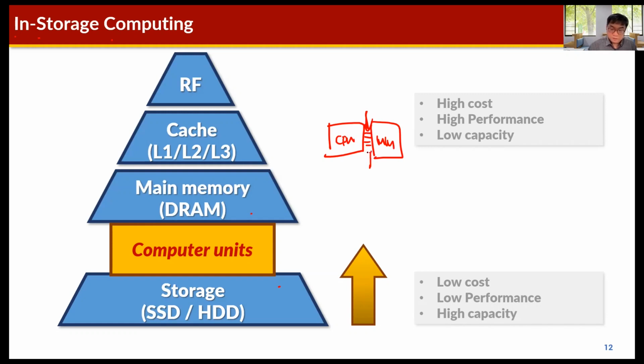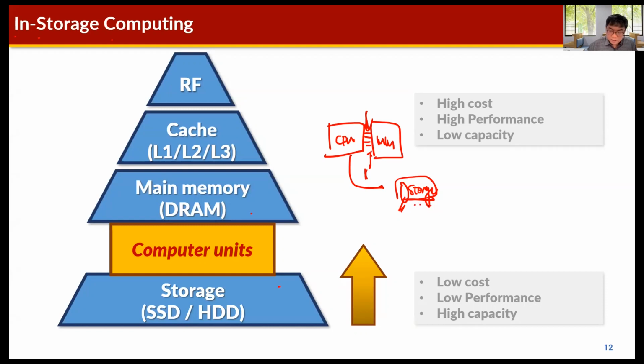But the storage system is connected to the CPU via an external interconnection bus such as SATA or PCIe. Recently, the bandwidth of PCIe is also very high, but it's extremely low compared to this memory bus. So what's the problem?